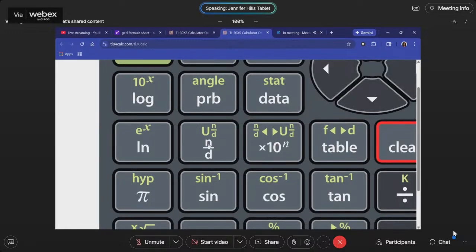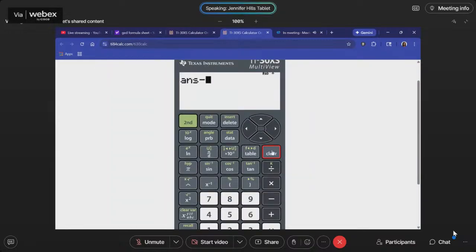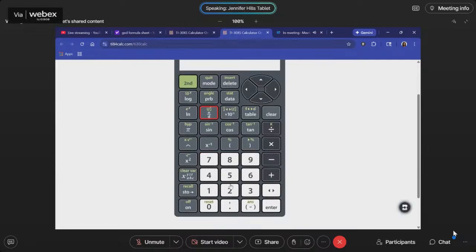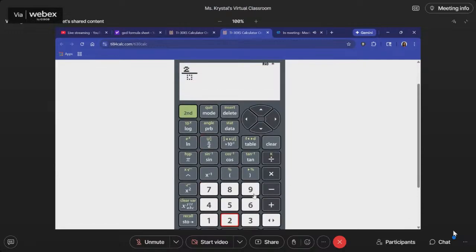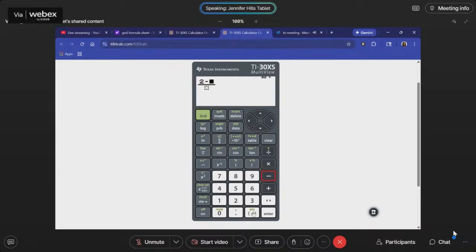The fraction button is N over D. So I clear out my calculator, hit that fraction button, and in my numerator I'm going to put my Y2 minus Y1. So we had 2 minus a negative, and the negative button is here. Don't use the minus button for negative. Use this negative button. So minus a -2.